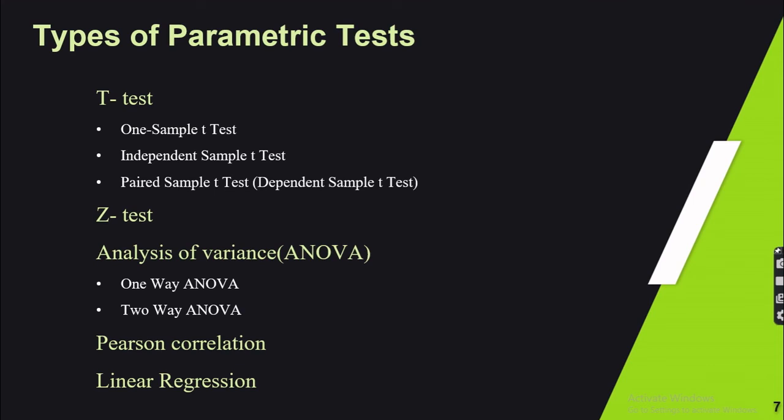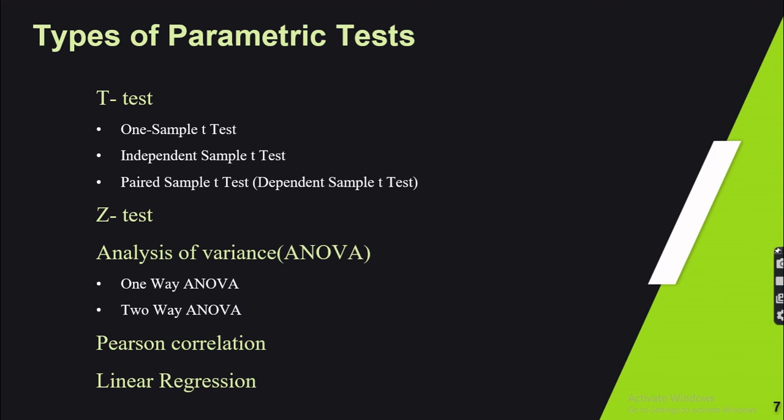First, we will understand what these parametric tests are and when these tests are used. T-test, Z-test and analysis of variance, in short ANOVA, are the statistical tools used to analyze whether any significant mean difference exists among groups.